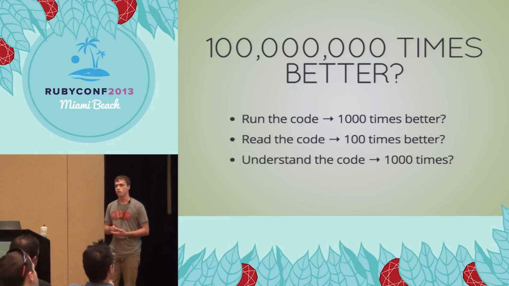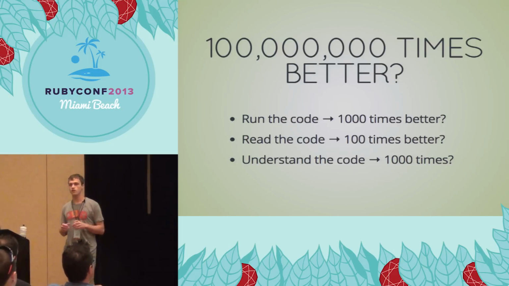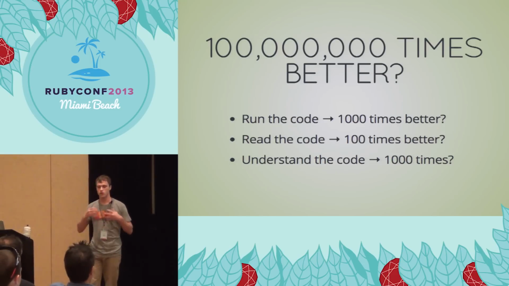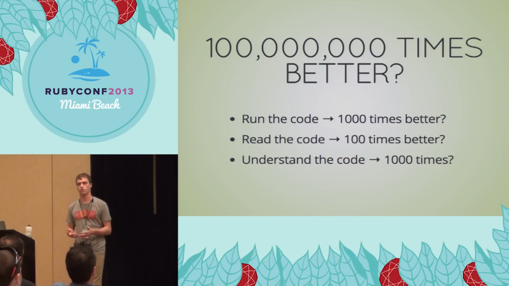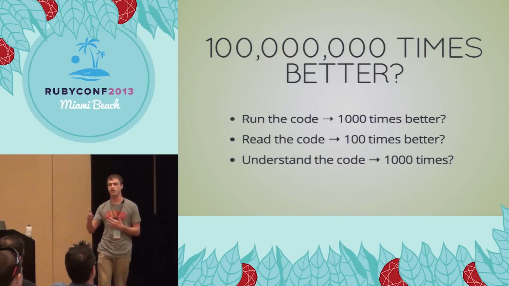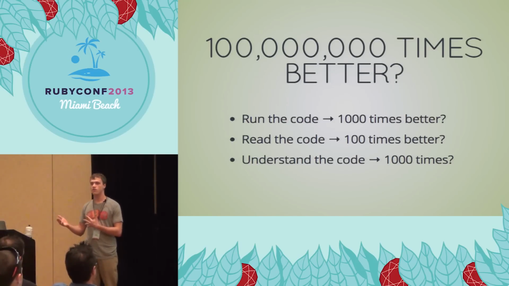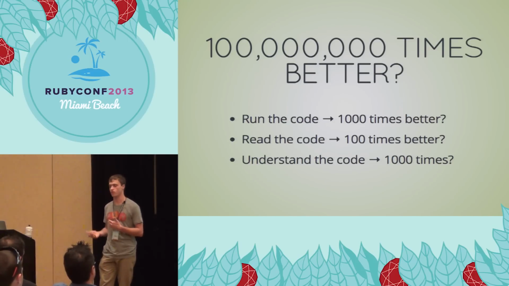The other things you can do, you can read the code around that. So if you're working on an application, each line of code isn't in isolation. You're calling methods. There are methods calling you. If you just read those methods, the chances are you can get a good idea for what the code you're writing should expect. You can see how other people are handling nils in the surrounding code.